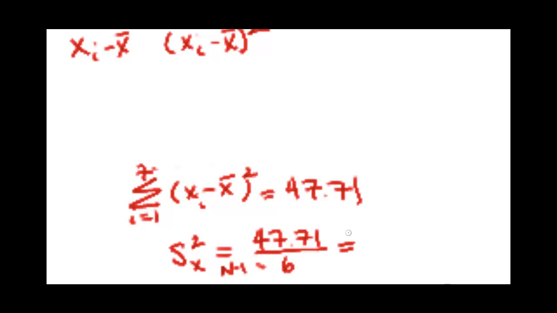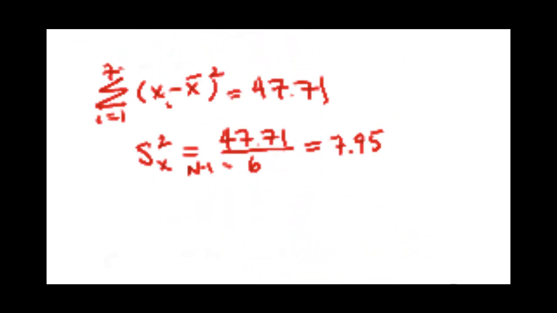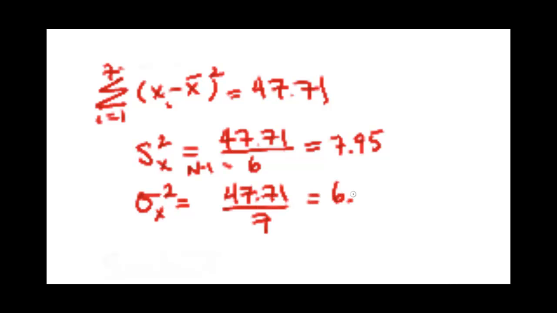And for the variance of the population, or actually no, this is the sample, sorry, you get 7.95. If you do the same calculation for the entire population, you just have n in the denominator, which is 7, which gives you 6.81.